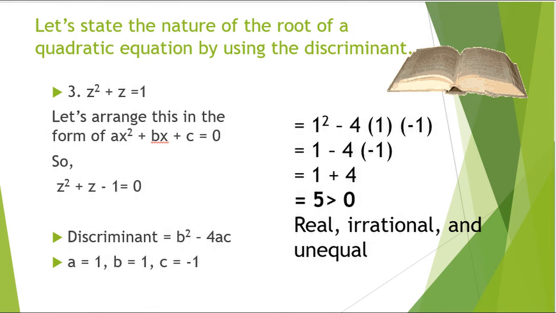So, that would be 1 squared minus 4 times 1 times negative 1. So, that would be 1 minus 4 times negative 1, so 1 plus 4. So, that would be 5, which is greater than 0, which means that the roots are real, irrational, and unequal.